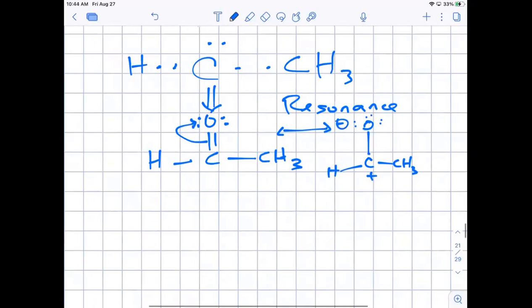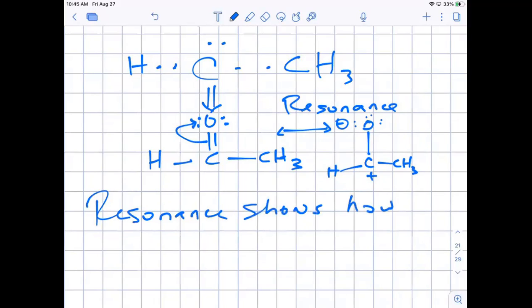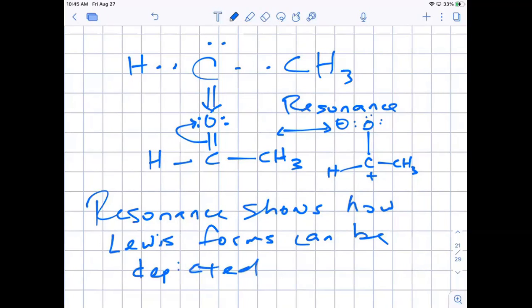So one of the first concepts tied to resonance is being able to show the different depictions of a Lewis form. Not are, but can be. How Lewis forms can be depicted. The form that actually exists in the universe is kind of like a mix between the left and the right.